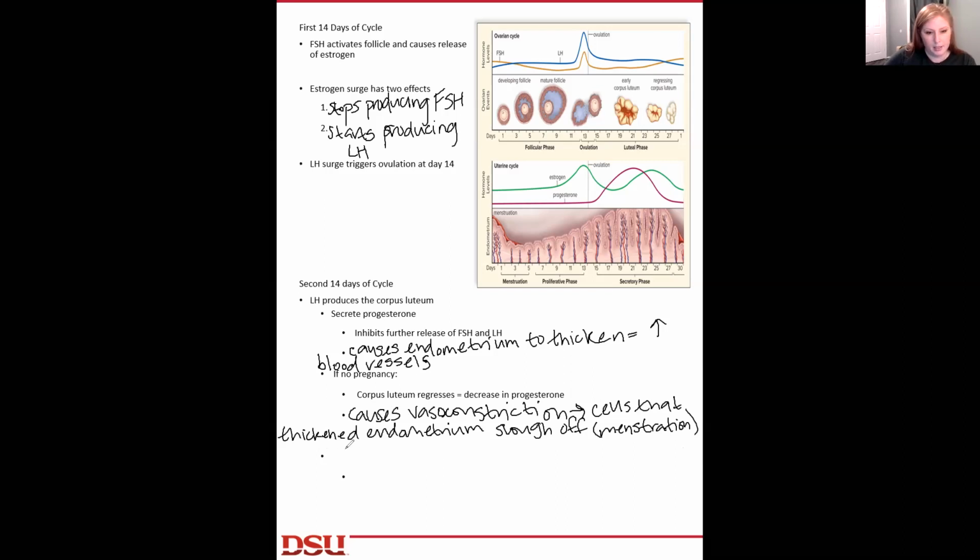At that point, because progesterone is no longer being secreted, our follicle stimulating hormone and luteinizing hormone aren't being inhibited anymore, which lets the cycle reset.